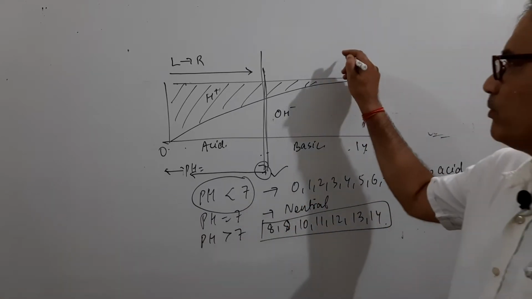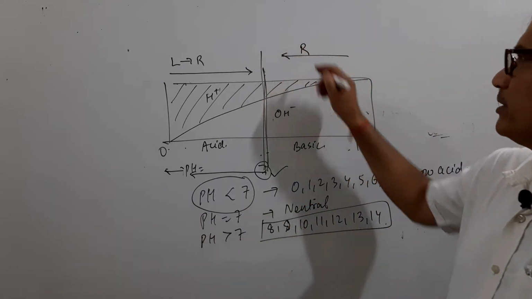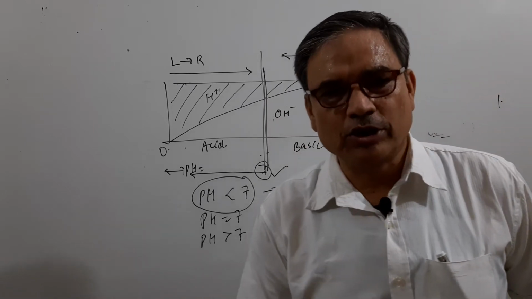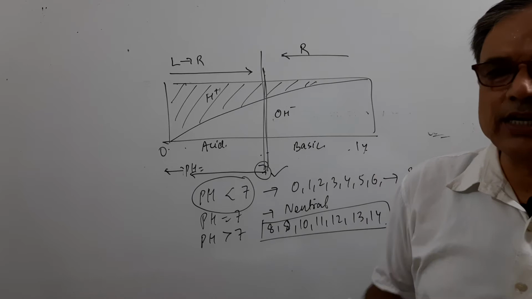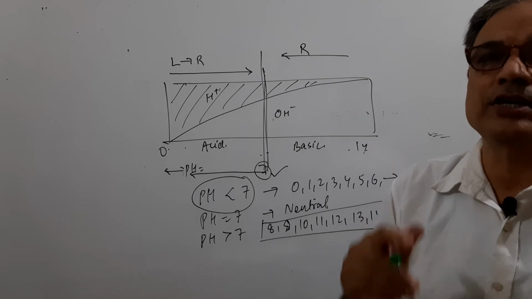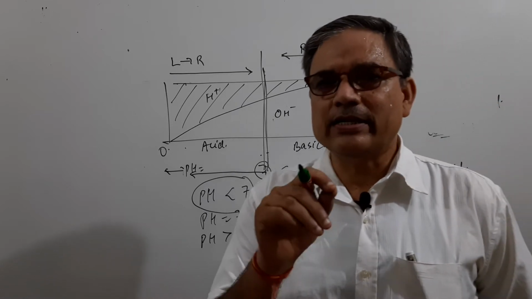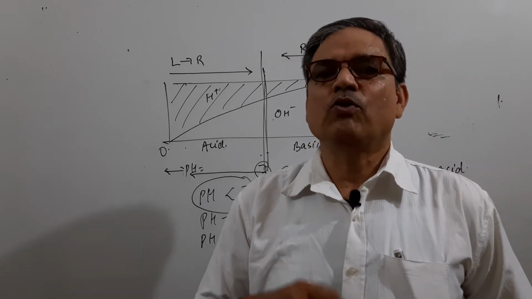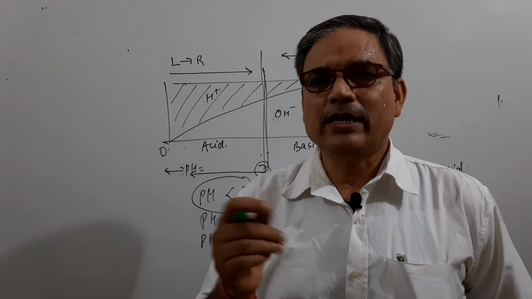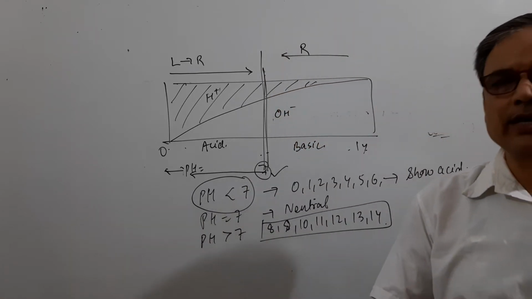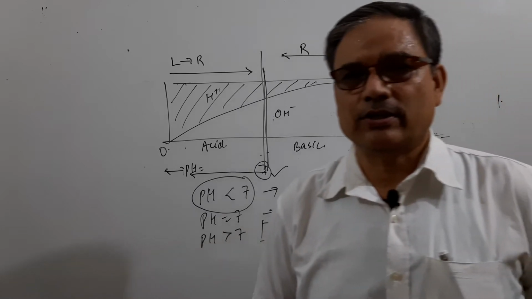From right to left, the acidity of the solution will increase. We can find a simple result: if the pH number is less, then it is more acidic in nature. If the pH number is more, then it is less acidic, we can say more basic in nature.